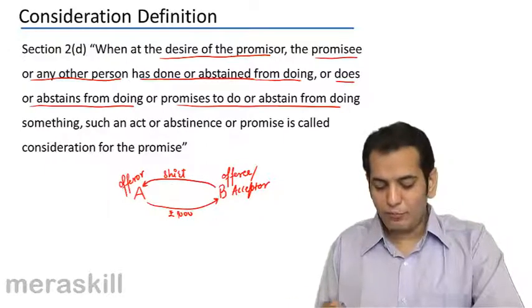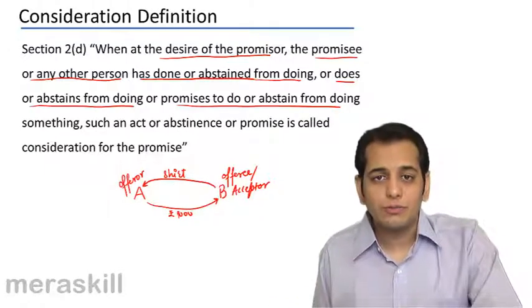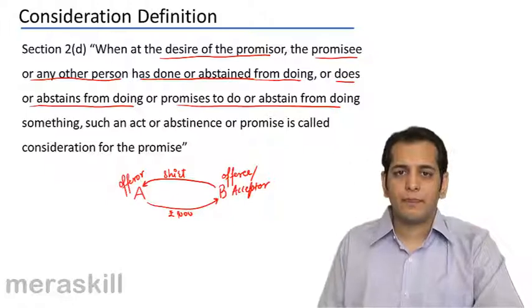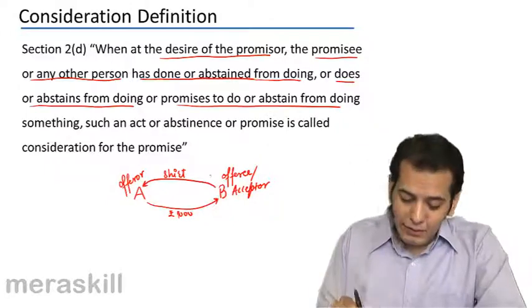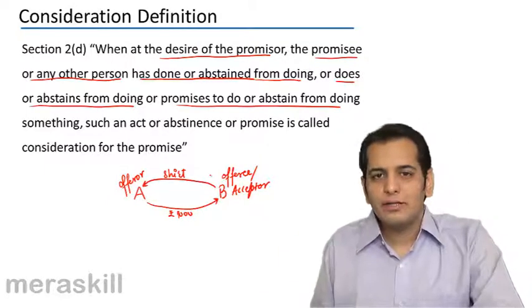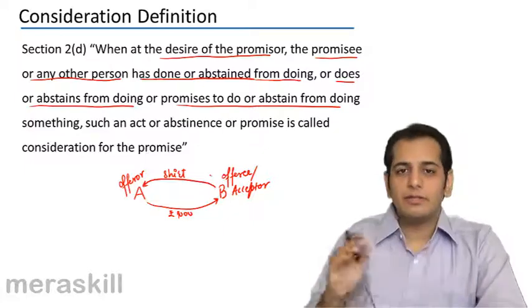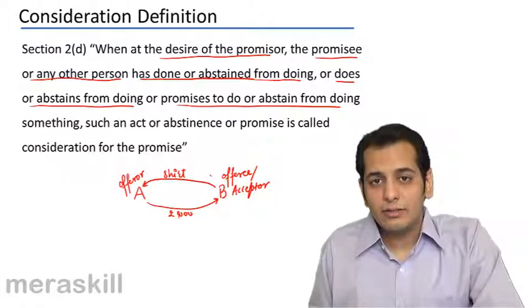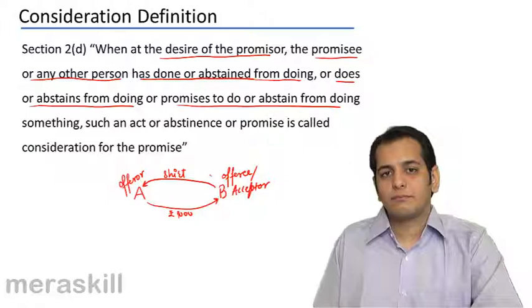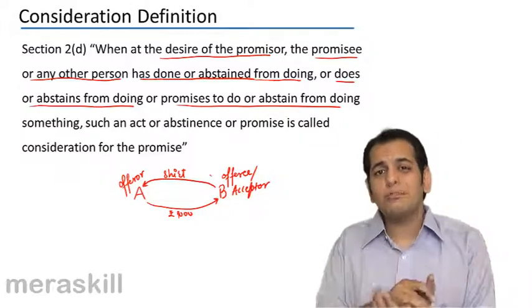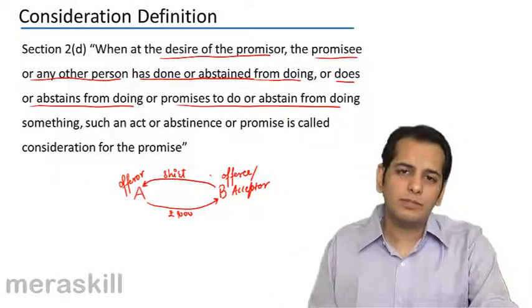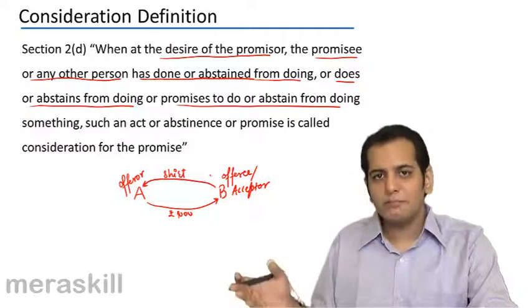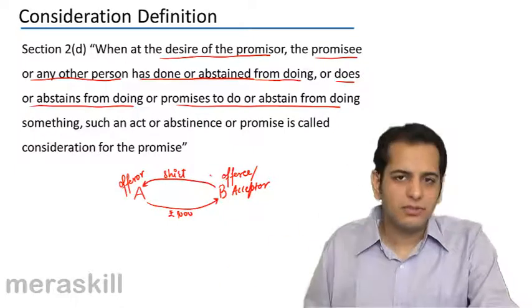A is promising to B to pay 1000 rupees. At the same time, B is promising to give A one shirt. So both are promising something to the other person. A makes a promise to B, at the same time B makes a promise.